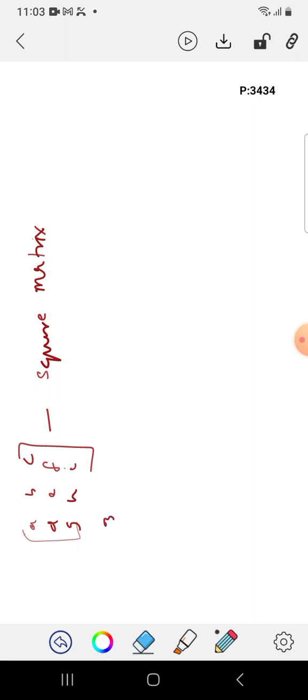This is a 3 by 3. You can find the inverse of a 3 by 3, 2 by 2, 4 by 4, and so on. But you can't find it for something like a 2 by 3, because you can't find the determinant of a matrix that is not square.